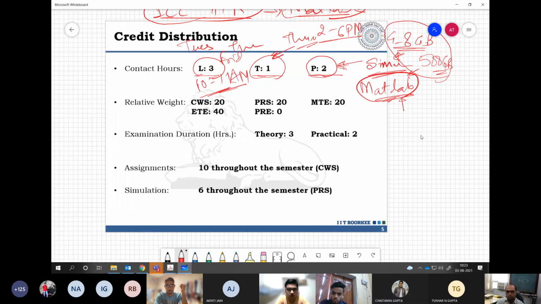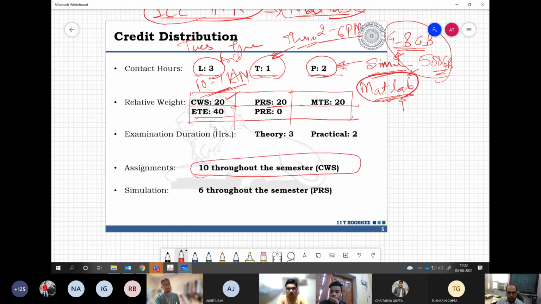Okay, sir. Good. Now, for the marks distribution, these are the weightages given for your total grades in this course. Classwork, basically whatever you do in your assignments, will have a weightage of 20 marks. This is your practical, which will carry another 20 marks weightage.